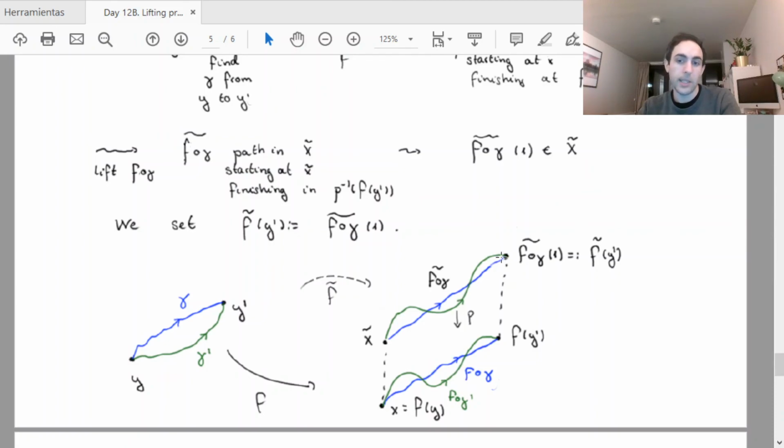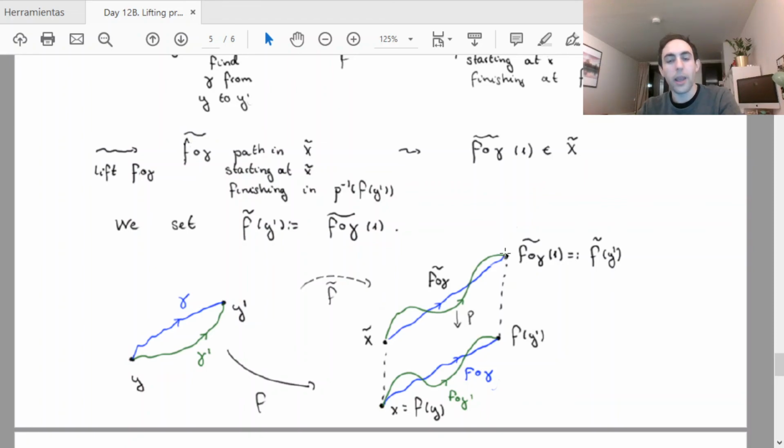Well, this is the nice situation. This is what I want to happen. I want both of them to finish at the same point, because then f tilde will be well defined if this is true for every possible gamma tilde and so on. But it could very well happen that I lift and, plop, I end up somewhere else. And that's too bad, because then there's no map f tilde.